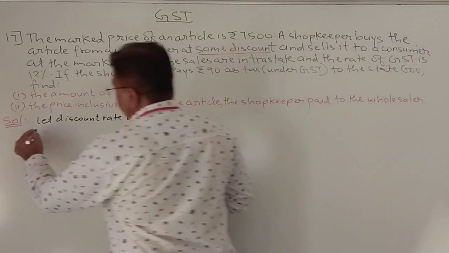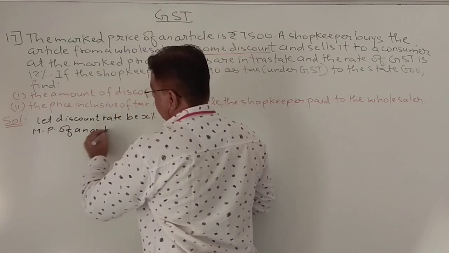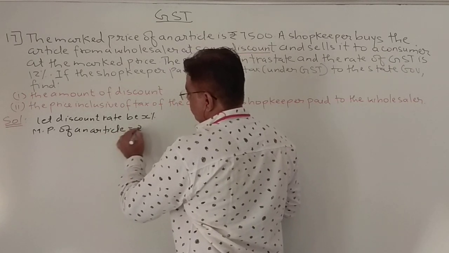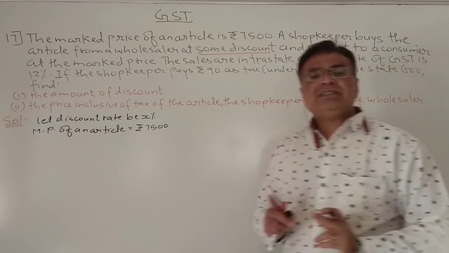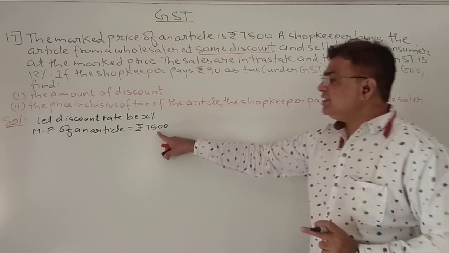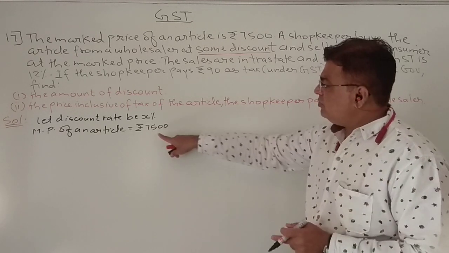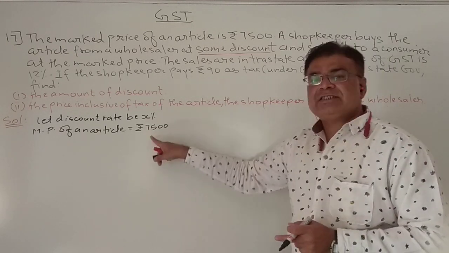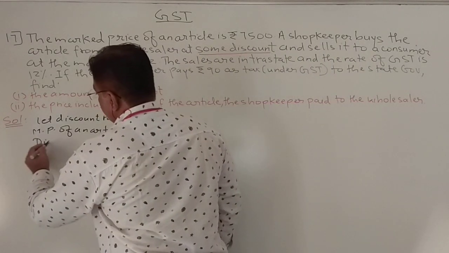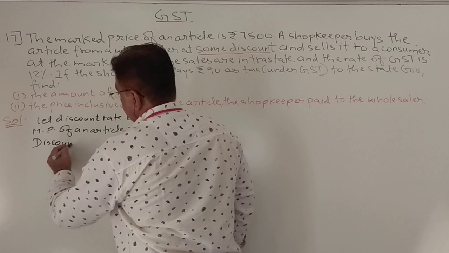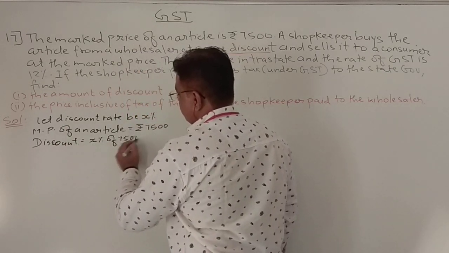So the mark price of an article is equal to rupees 7,500. The shopkeeper is not purchasing the article at this price; on this price he is getting some discount, X% of this. The discount will be given on the mark price. So discount will be X% of 7,500.